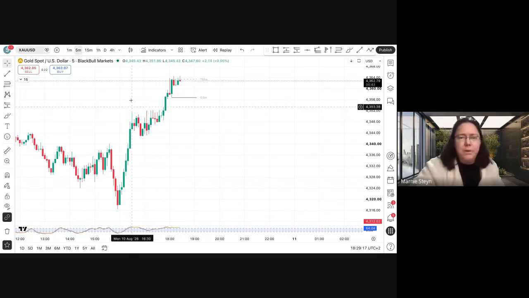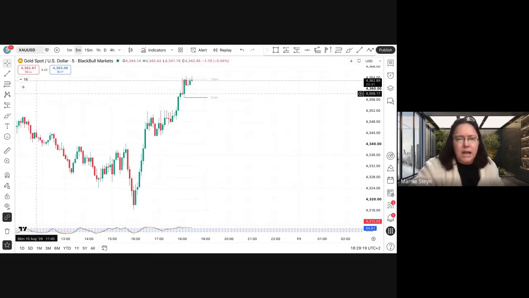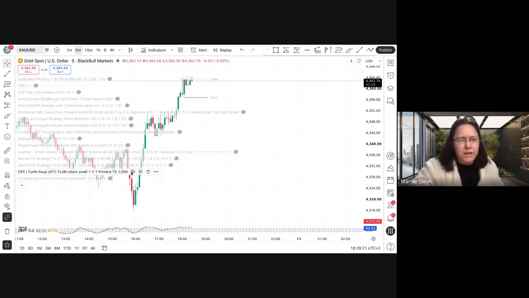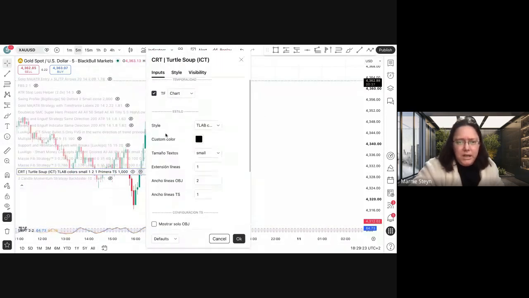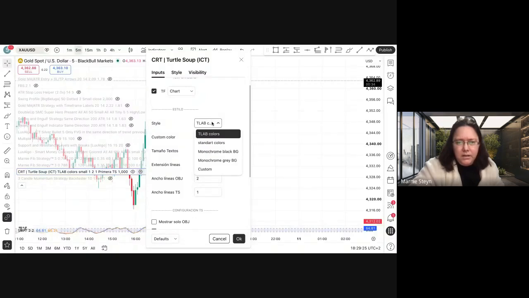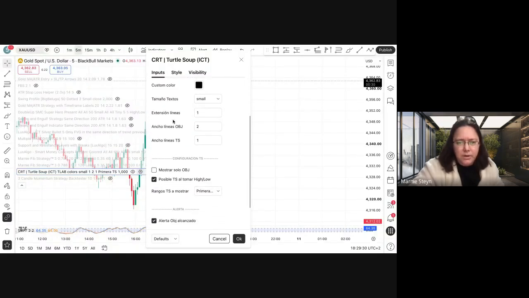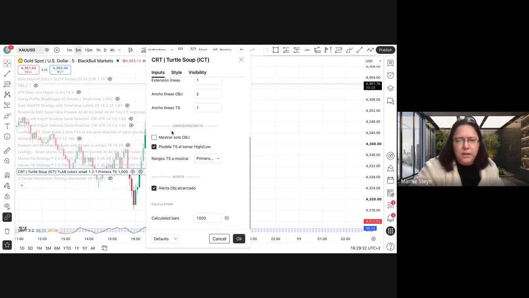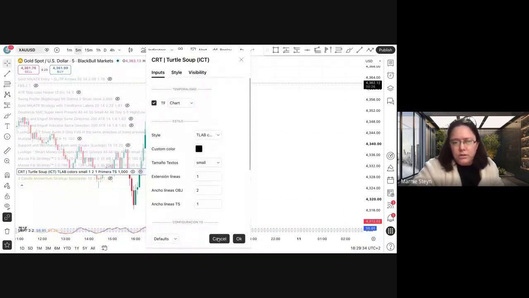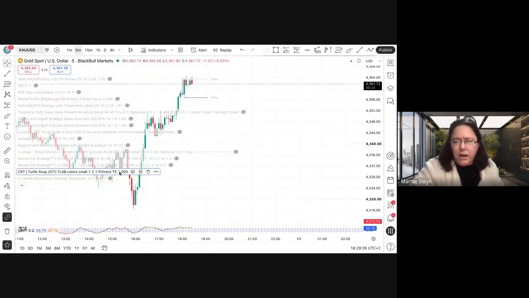It will only appear at a certain time frame. I just want to quickly check what time frames it gives us. No, it doesn't have a specific time frame to it, but this is normally the most used turtle soup one. I will give you guys some more information about the turtle soup and break that down.